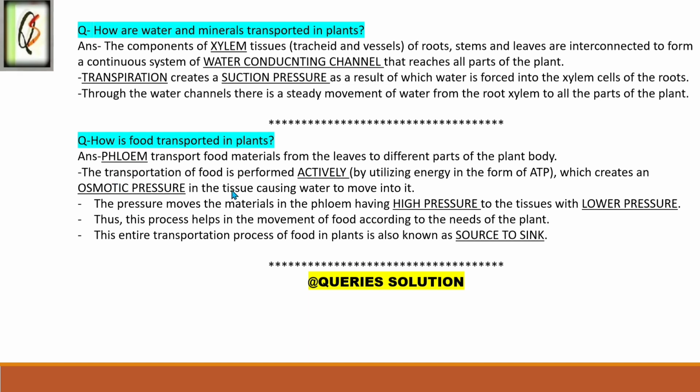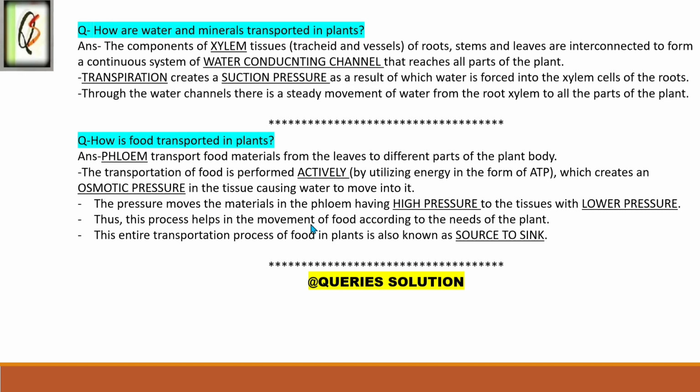First of all, the transportation of food occurs actively, that is by utilizing energy molecules from the plant body itself. When the energy molecules are utilized, this creates an osmotic pressure in the tissue which causes water to try to balance the osmotic pressure. The pressure moves the material in the phloem from high pressure to tissues with lower pressure, so it will keep moving the materials from the area where pressure is higher to the areas where pressure is lower.